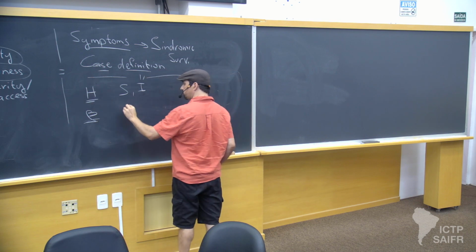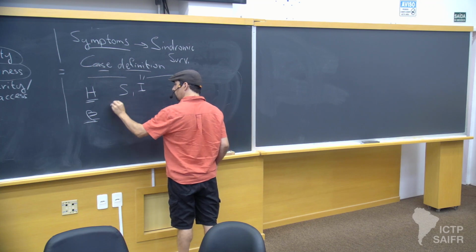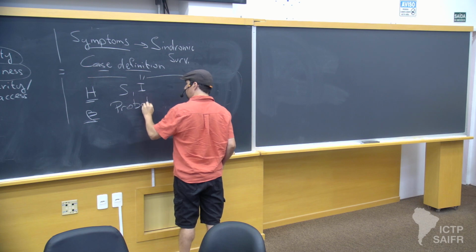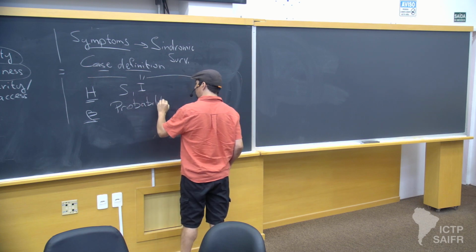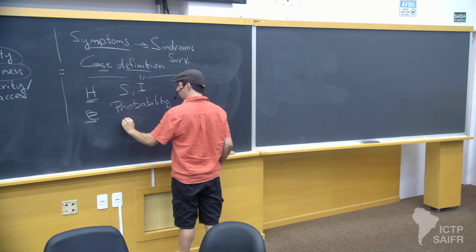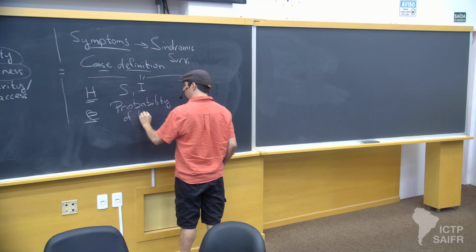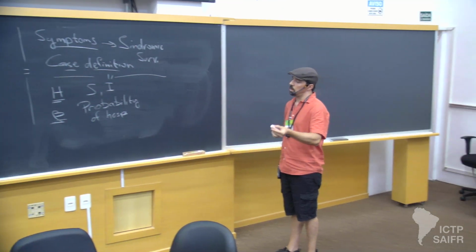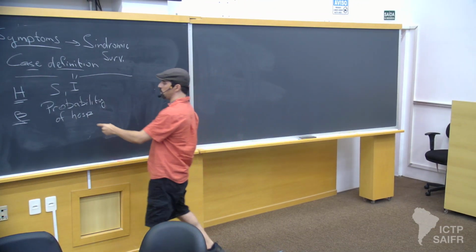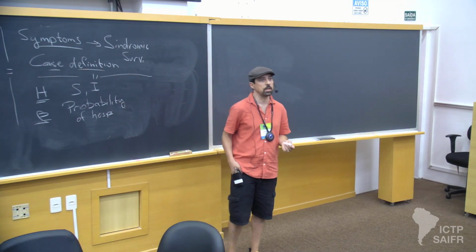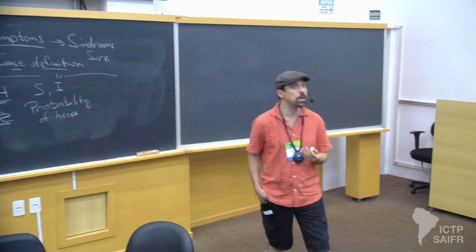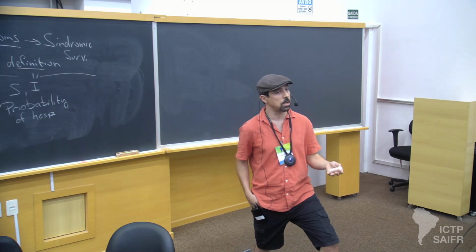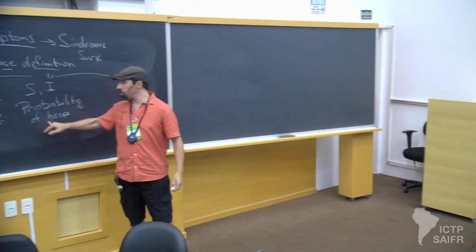First of all is the probability of an infected individual becoming hospitalized at any given point in time. So this is related to the severity of the disease, right? The more severe a given pathogen is, the higher the probability of being hospitalized.